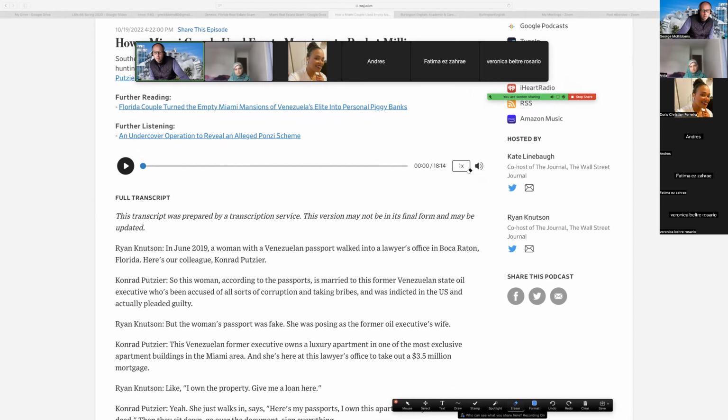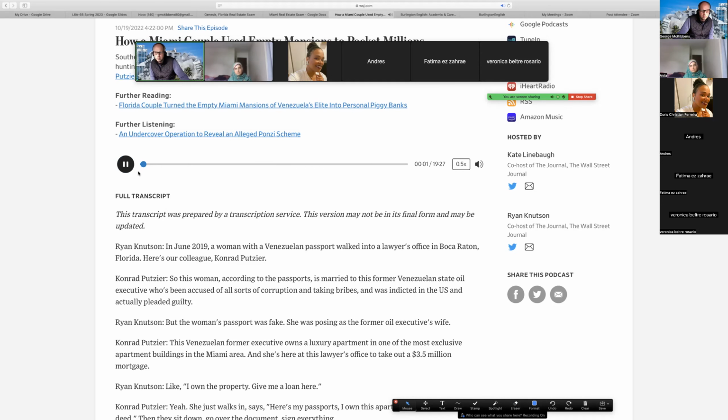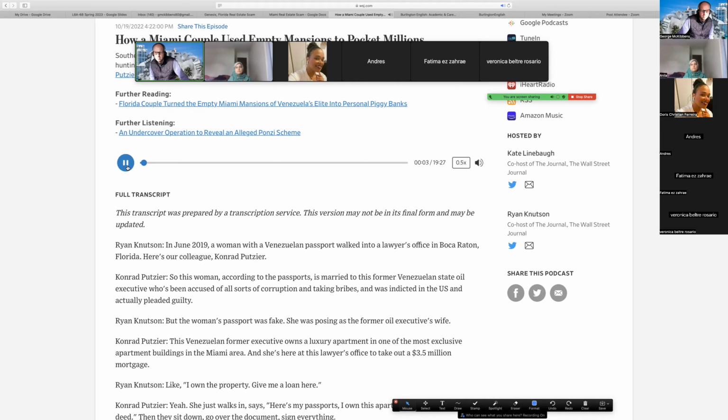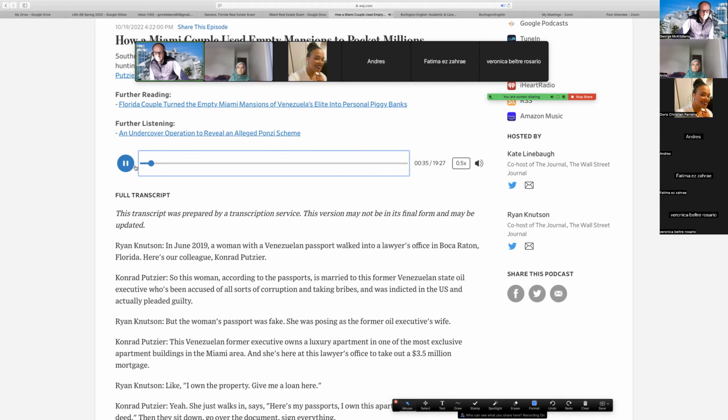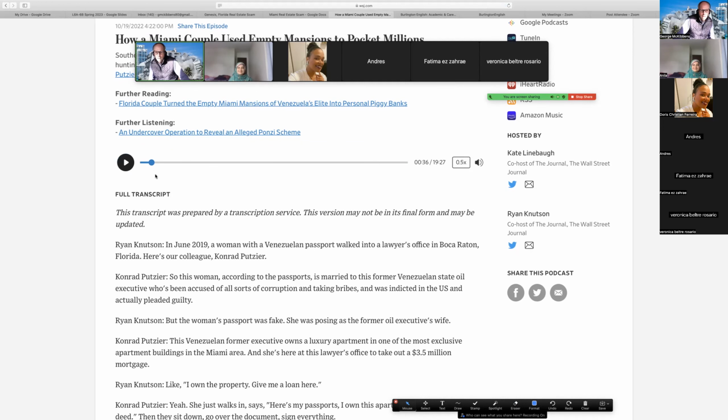So you can also slow it down. Right here it says, if I want to make it faster or slower, I can do half speed. That's extra slow.